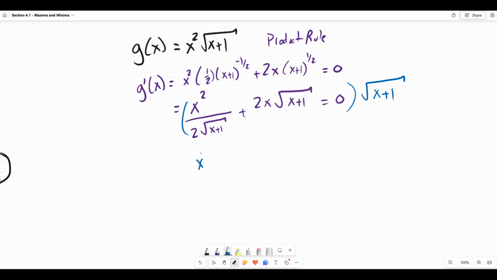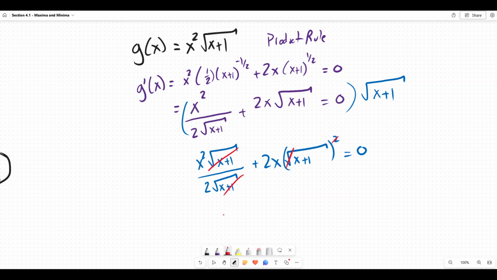So this will be x squared times the square root of x plus 1 over 2 the square root of x plus 1, plus 2x times the square root of x plus 1 quantity squared. On the left-hand side, that goes down to 1. And on the right-hand side, the square and the square root cancel each other, giving us x squared over 2 plus 2x times x plus 1 equals 0.